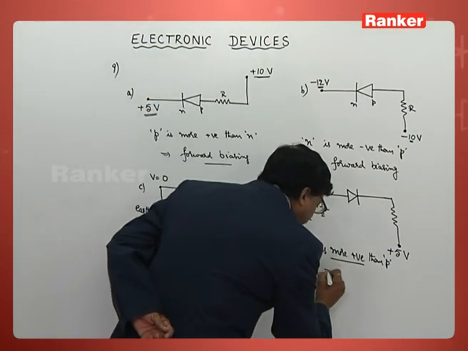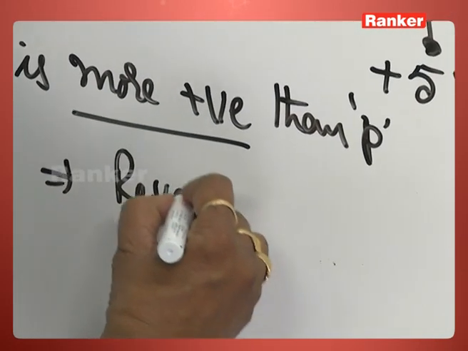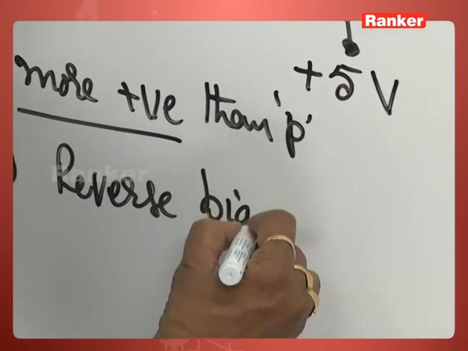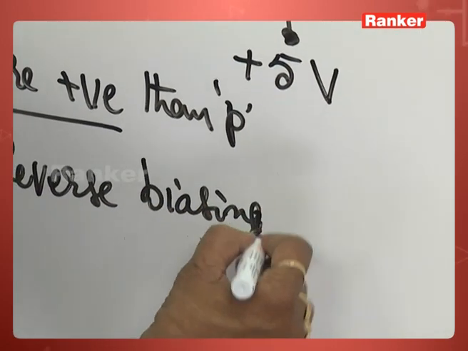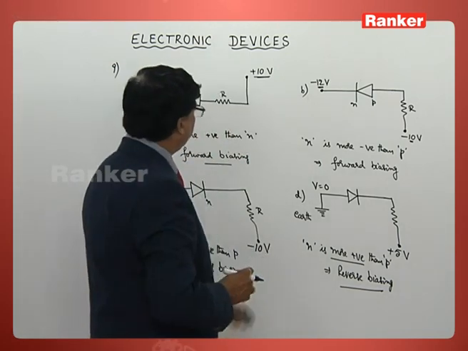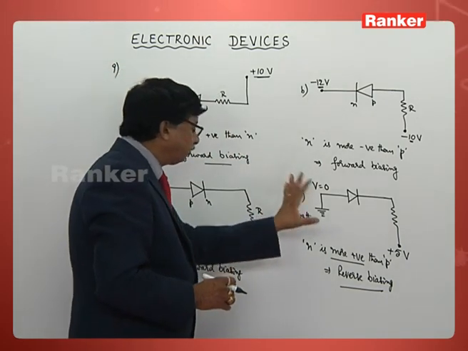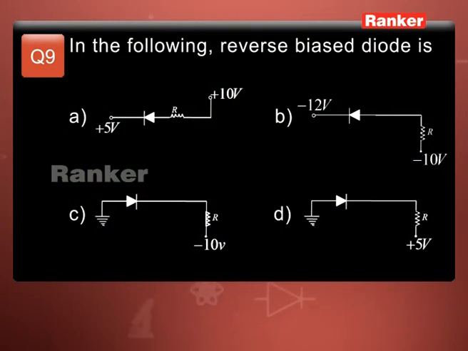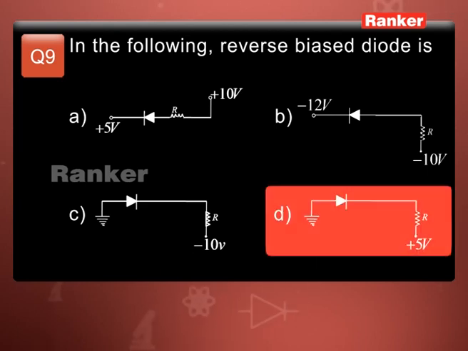So, we can say this is the one in which we people are finding reverse biasing of that PN junction diode. So, which is reversely biased is the question. So, A is not the correct option, B is not the correct option, C is not the correct option, then automatically D will be correct, no doubt. But after checking it also, you are observing that N is more positive than P, that itself indicates it is in reverse biasing. So, the correct answer for this particular problem is D now.